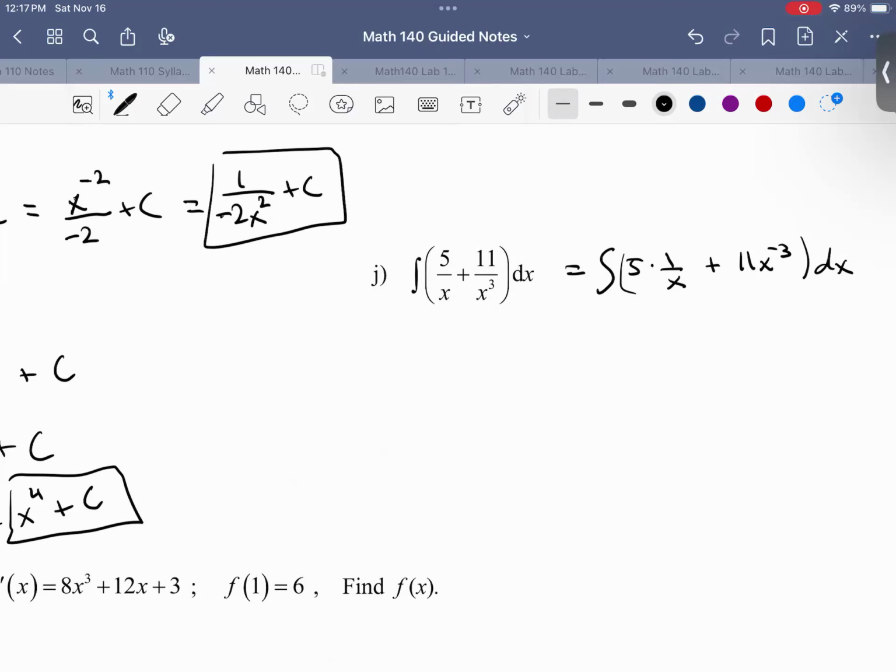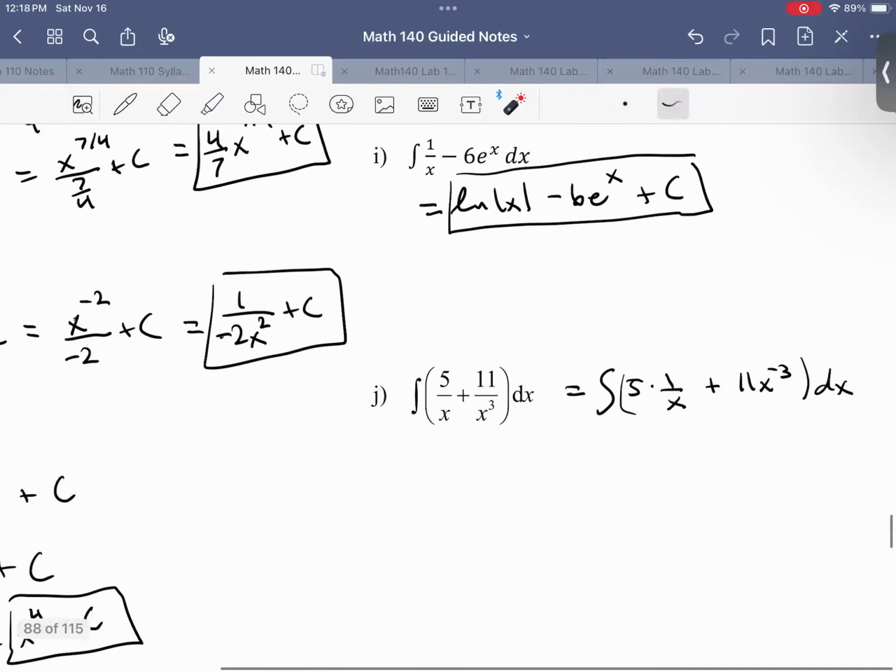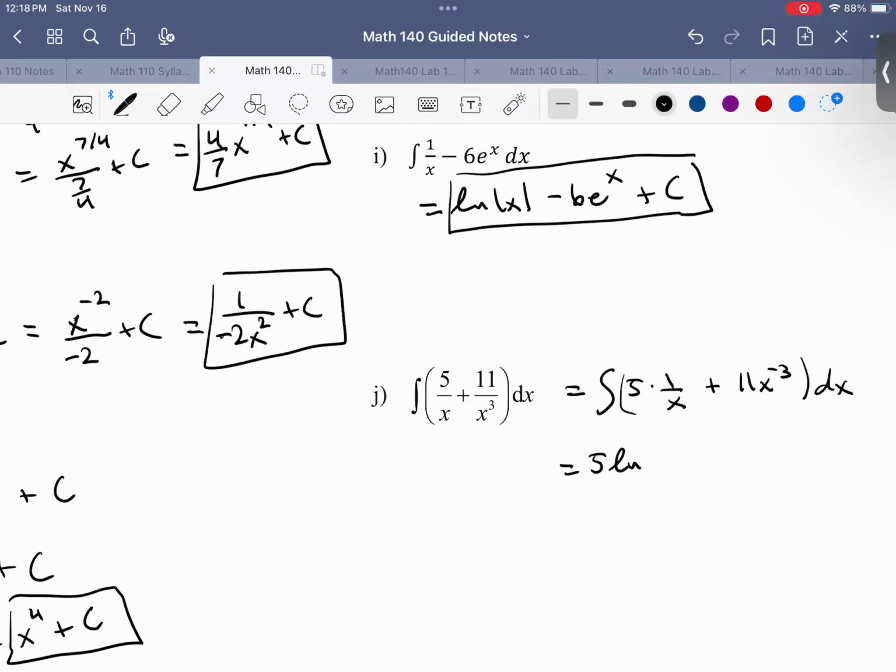Okay, so now I want to take the integral of this function. Much like in example I, we have a 1 over x, and the 5 is a coefficient. It comes along for the ride. So the integral of this first part would be 5 natural log absolute value of x.